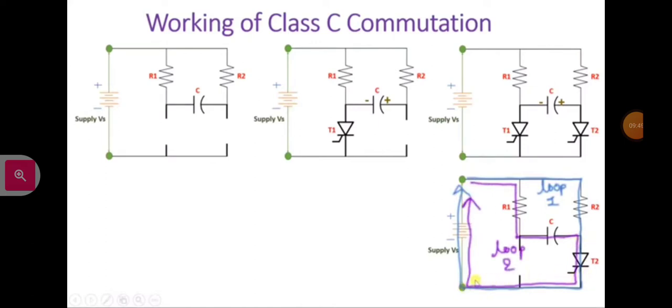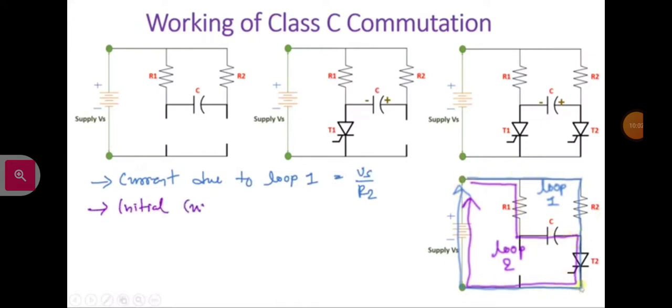Now the current due to the loop Vs to R2 to T2 is Vs by R2, and the initial current due to the second loop, that is Vs to R1 to C to T2, will be because of voltage across the capacitor plus the supply voltage. So that will be 2Vs by R1.